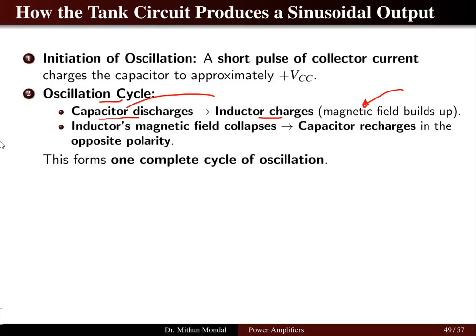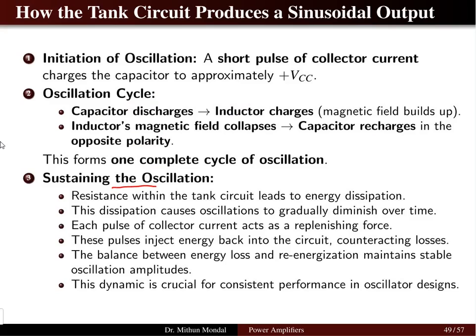The inductor's magnetic field will then collapse and the capacitor will recharge in the opposite polarity. Once the inductor starts discharging, the capacitor will start charging and one complete cycle of oscillation will form.